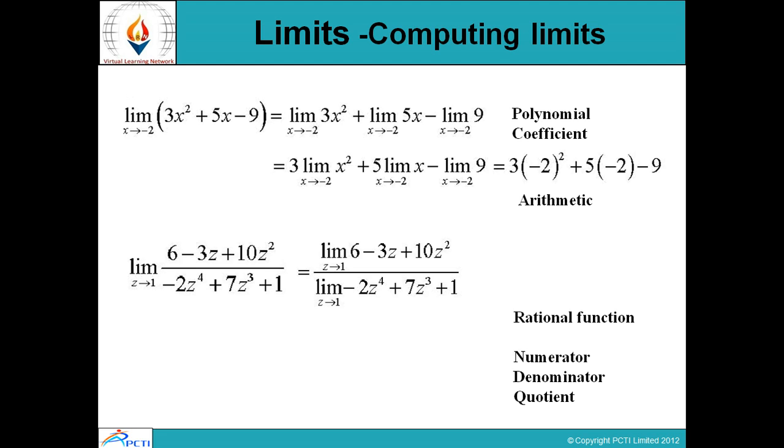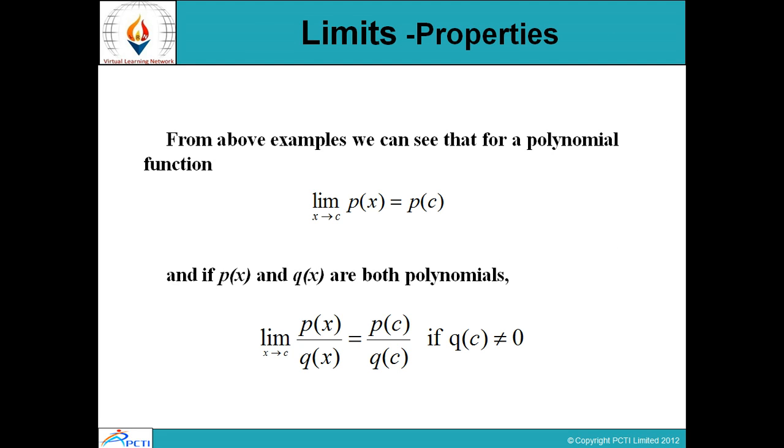It is a rational function limit. The value of it: 6 minus 3 times 1 plus 10 times 1 square divided by minus 2 times 1 to the power 4 plus 7 times 1 cube plus 1, which is equal to 13 by 6.